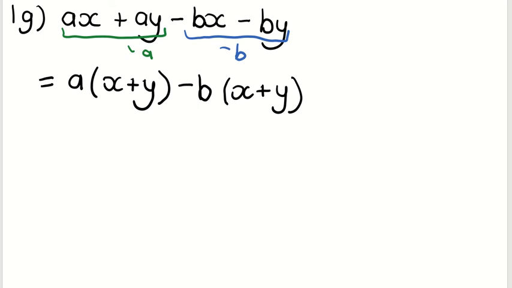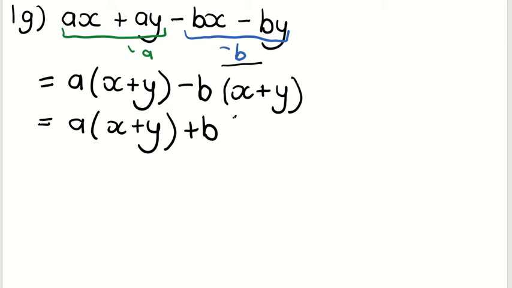Nou julle, ek wil net gou vir julle wys, dit kon nou gewees het, dat by die vorige een, by daai stappie, het jy nie minus b uitgehaal nie. Jy het byvoorbeeld plus b uitgehaal. Dan wat sou oorgebly het? Minus x, minus a. Nou jou probleem wat jy dan het, then obviously, these two wouldn't have been the same.